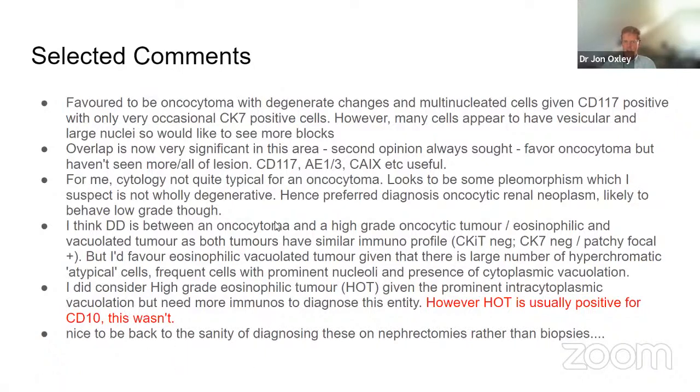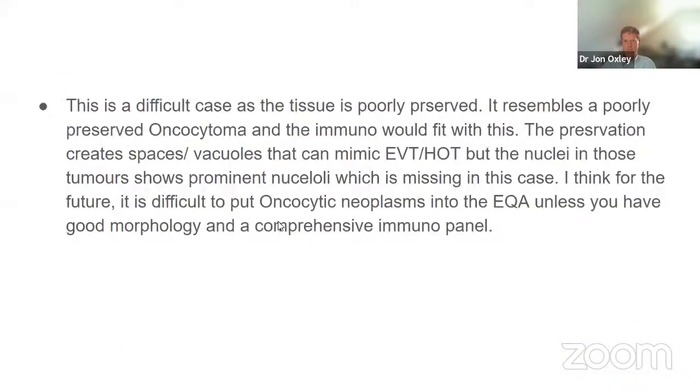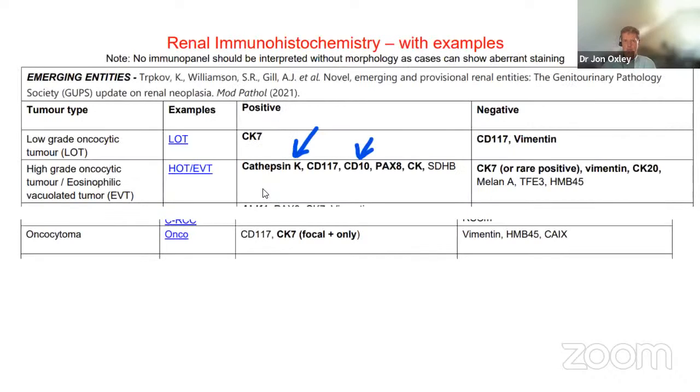Yes, and then someone was glad that they could diagnose it on a nephrectomy rather than a biopsy. And I think this really sums it up. It's a poorly preserved specimen. We were told it was a brown tumor. It looked like an oncocytoma. It fit, but these vacuoles were mimicking an EVT. This is an interesting comment on oncocytic neoplasms in the EQA.